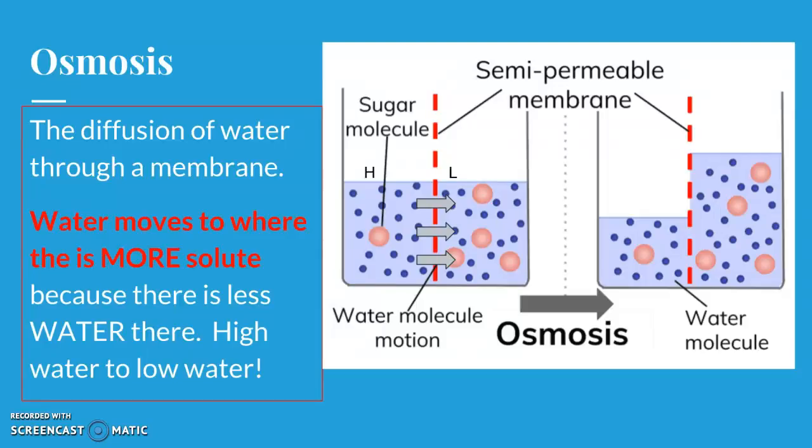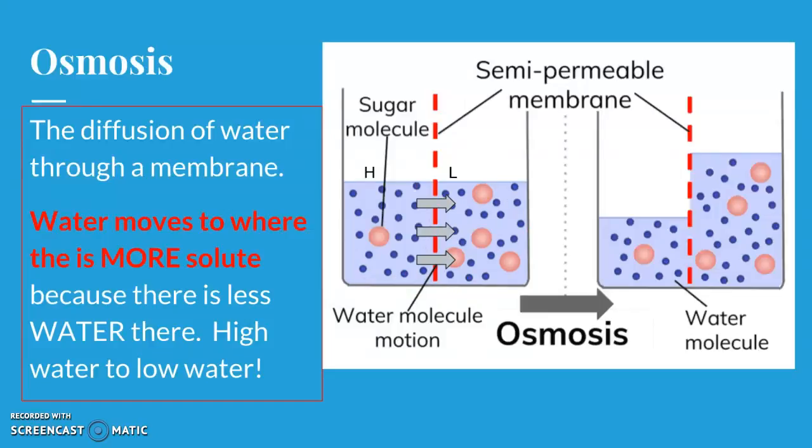All right, third type of passive transport is osmosis. Osmosis is still moving high to low. It's still no energy, but in osmosis, water is what's moving. It's really important for you to understand water still moves from high water, they're the blue dots, to low water.